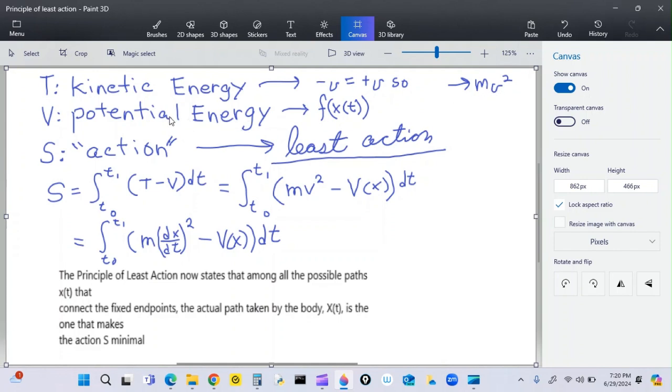Potential energy. This is something that does not depend on velocity. This is the velocity part of energy, and this is potential energy. If we have no movement, then pretty much all we have is potential energy. Potential energy is a function of not time, but of position.